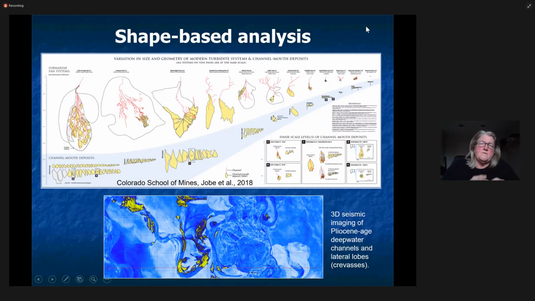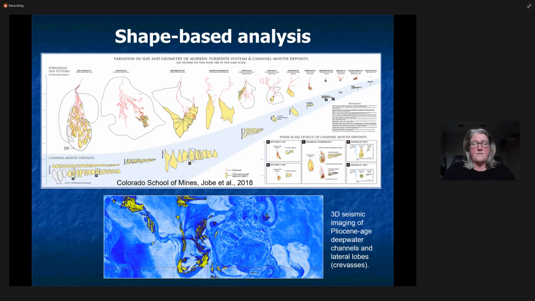So this is sort of shape-based analysis, and we've been doing this for a while, right? And Zane Job, a colleague of mine at Colorado School of Mines, Zane's amazing. He and I both, he's drunk the Kool-Aid as well, and he feels very strongly about this idea of collecting quantitative data on different things.